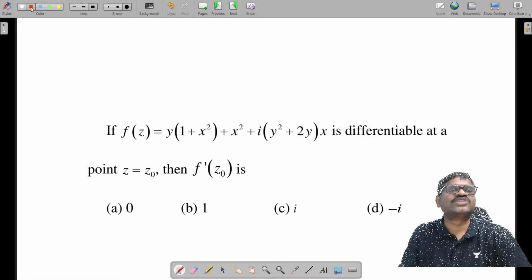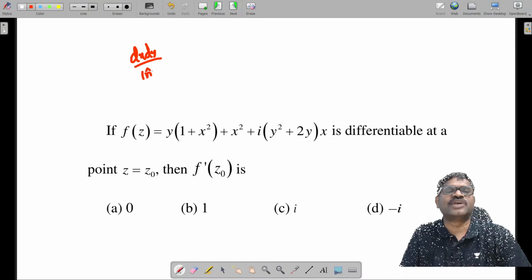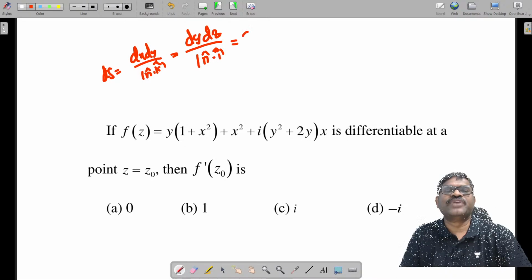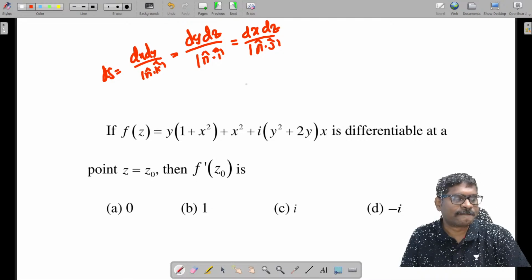If it is xy plane, you have to write dx dy by modulus of n cap dot k cap in the place of ds. If it is yz plane, you have to write dy dz by modulus of n cap dot i cap. If it is xz plane, then you have to write dx dz by modulus of n cap dot j cap. Okay?